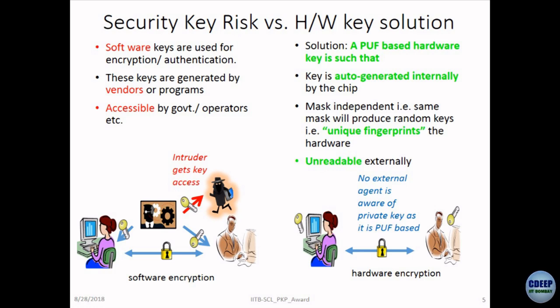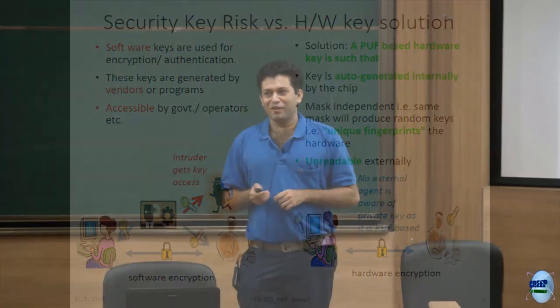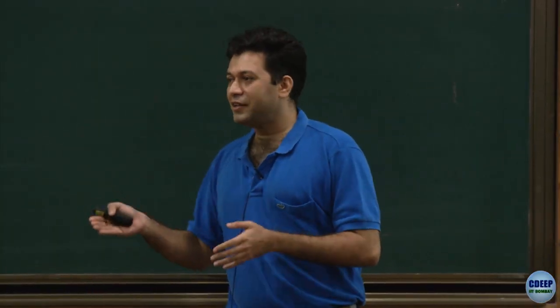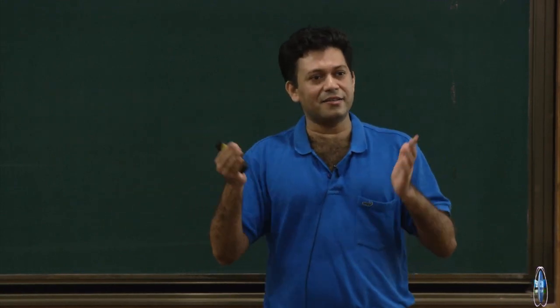What is the alternative? What if your chip came with a unique number? What would that do for you? Now this is a very tricky question. In high volume manufacturing, the whole point is that every chip is identical.